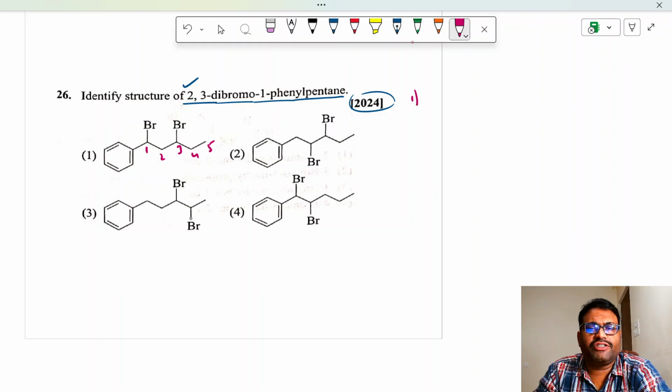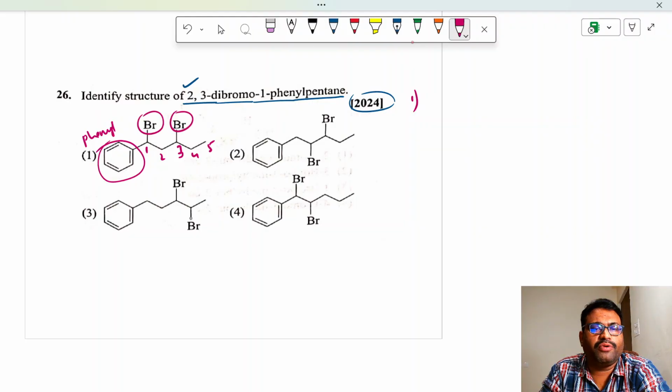So for the first one, what will be the name? What are the substituents? One is phenyl, and the other is bromine.